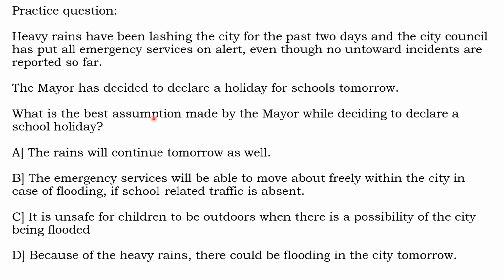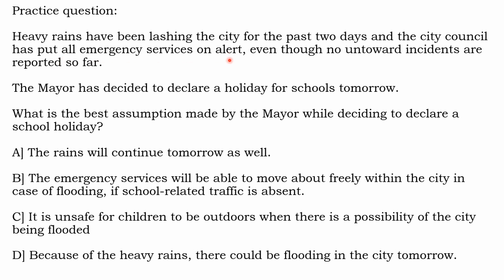Before looking at the assumption, you need to understand the inferences also. So what is the inference that you can get from the facts given? The inference is that the mayor expects that rain is going to continue tomorrow also. There could be some untoward incident. How? Even though everything is normal so far, all the emergency services are put on alert.